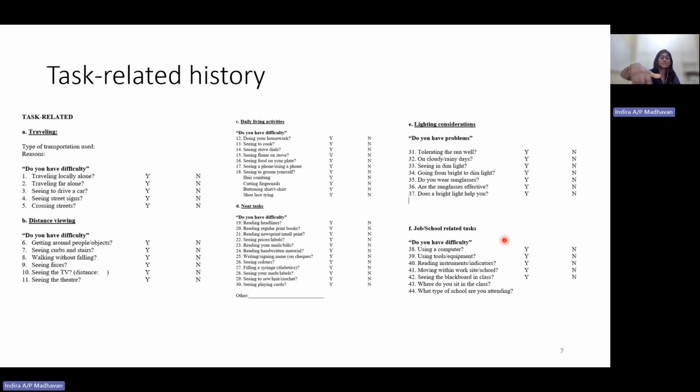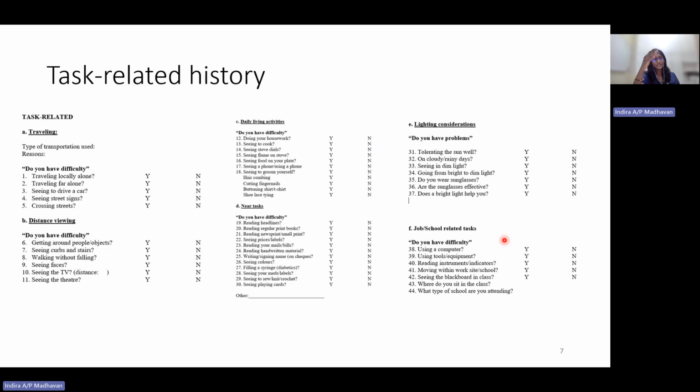So this is the daily routine. On weekends, if they go to the mall and want to take the escalator, is it difficult? This is a question for an 8-year-old kid. If it is a 40 or 45-year-old, the question is going to change according to the age and also the job that they are doing.